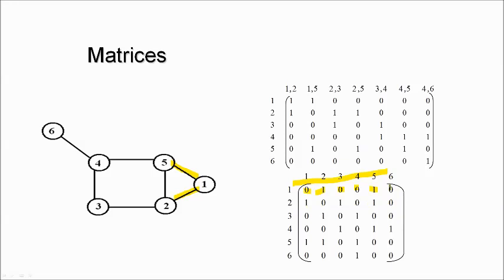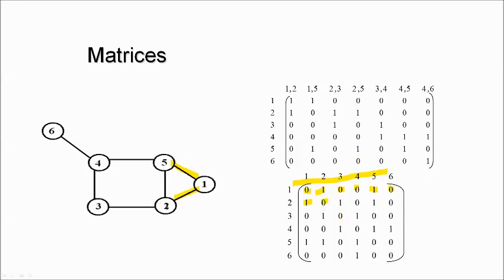No. That's why we're going to put 0. Let's try vertex 2. From vertex 2, is there any edge going to vertex 1? Yes, we're going to put 1. What about vertex 2 going to vertex 2? We don't have a loop, that's why we're going to put 0.